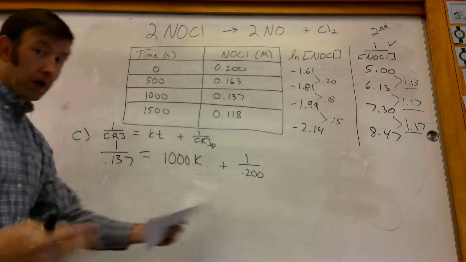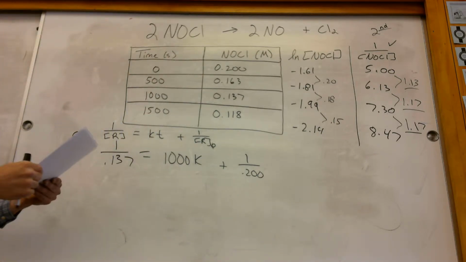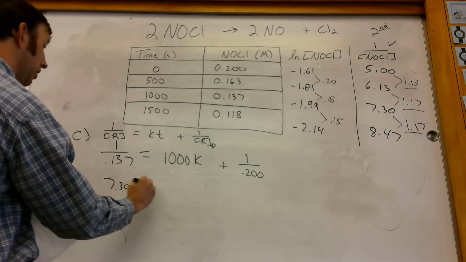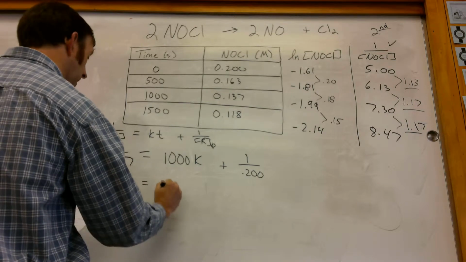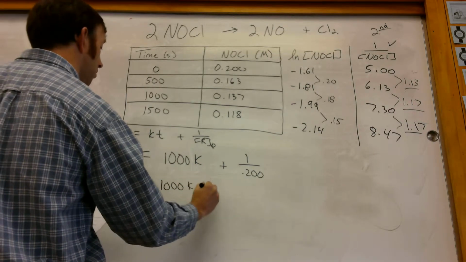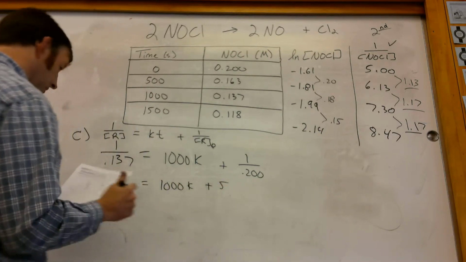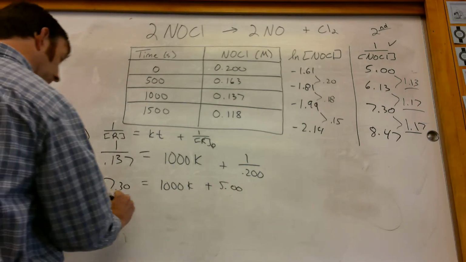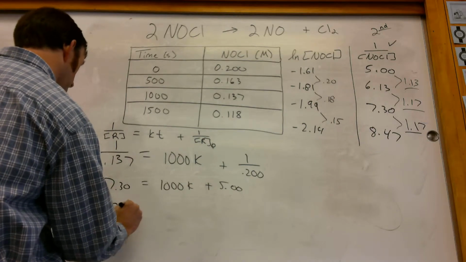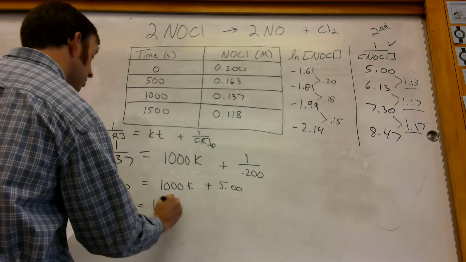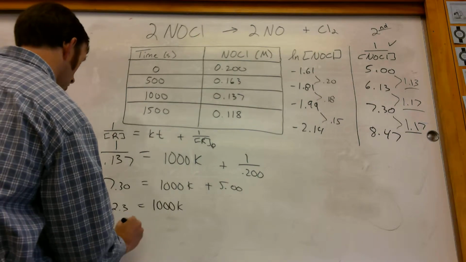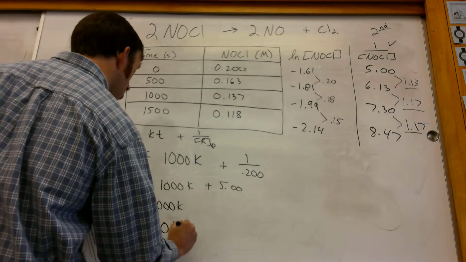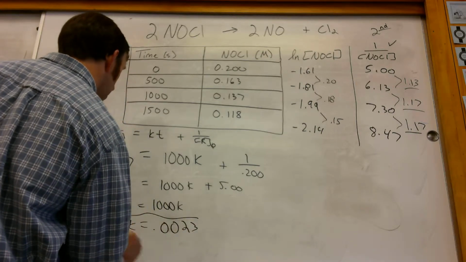Okay? So now I just go back and solve for K in this case, right? So this would be 7.30 is equal to 1,000 K plus 5, right? So this would be 2.3 equals 1,000 times K. So K in this case would be equal to 0.0023, and that is my rate constant.